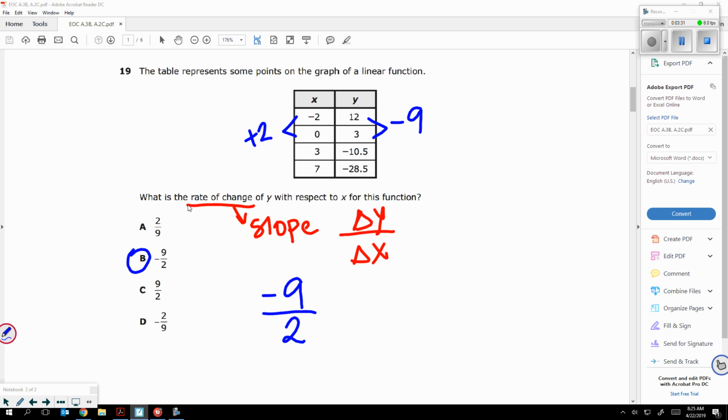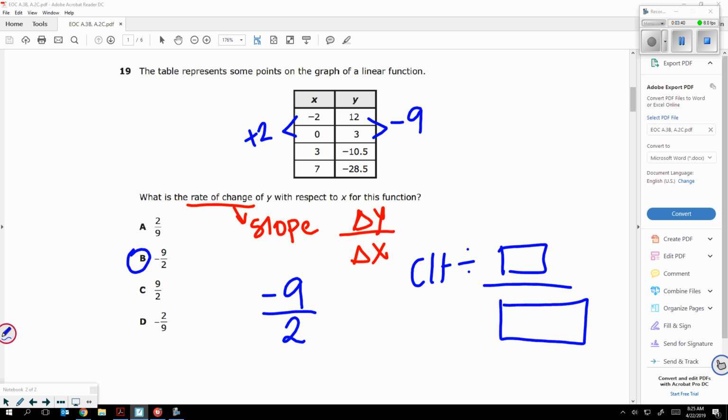So I can put control, divide, and it gives me a fraction. And I can type in y2, so 3, minus my first y, which is 12, divided by 0, minus my first x, which is -2. And it does all the work for me. So I can do it that way either.